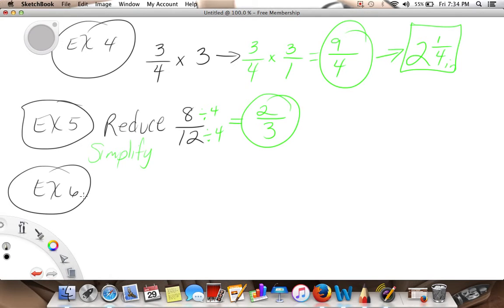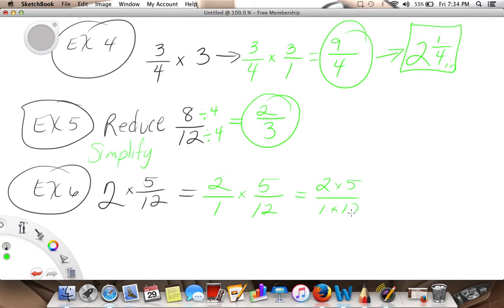Example 6 says they want us to multiply 2 times 5/12. And once again, what you do with whole numbers, place it over 1. So 2 over 1 times 5 over 12, which gives us 2 times 5 over 1 times 12.